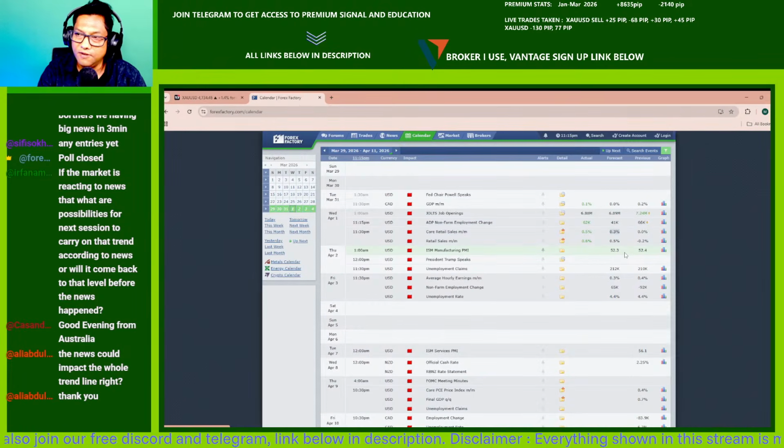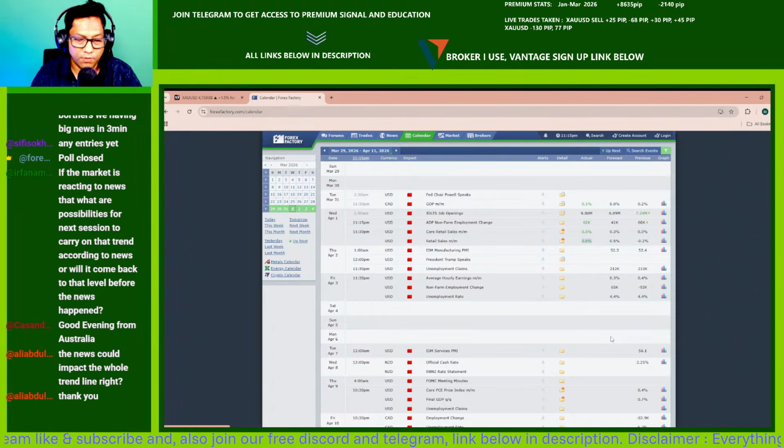You can see ADP non-farm employment change forecast was 41k, actual came out 62k. Core retail sales 0.3% came out 0.5%. Retail sales was forecast 0.5%, actual 0.6%.